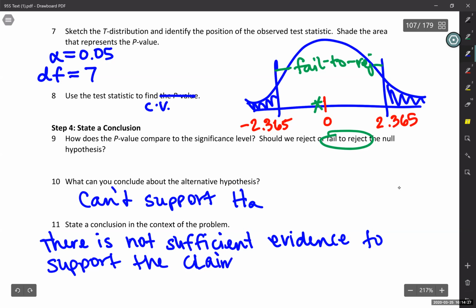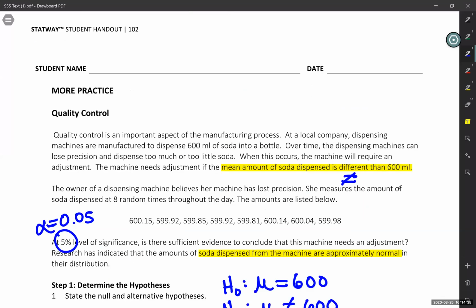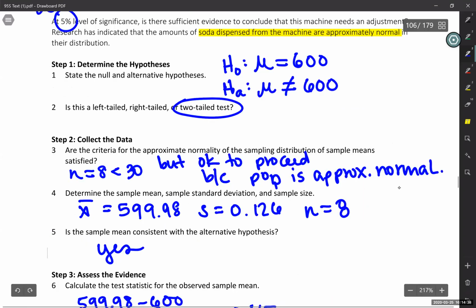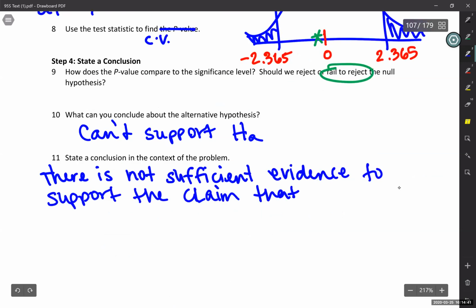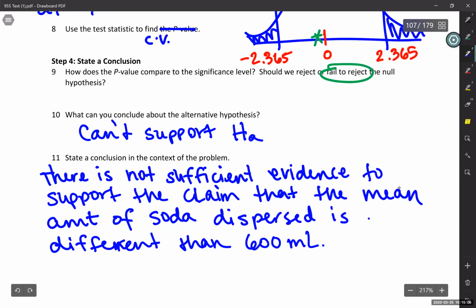Back to the problem, we know the claim was not equal, and so here we have the claim is that the mean amount of soda dispersed is different than 600 milliliters.